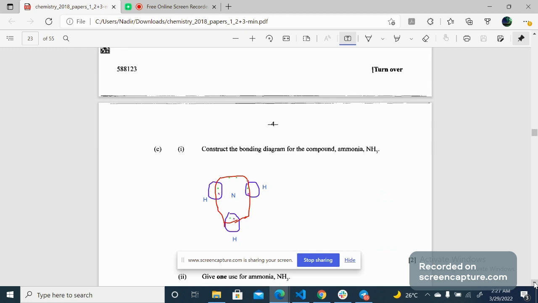In ammonia, one nitrogen atom forms bonds with three hydrogen atoms, and the product turns out to be ammonia. Nitrogen has 5 valence electrons out of the 7 electrons it has in total.